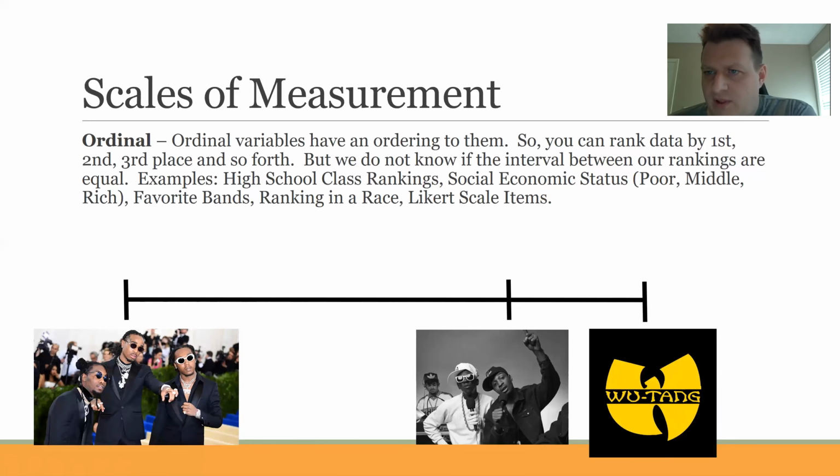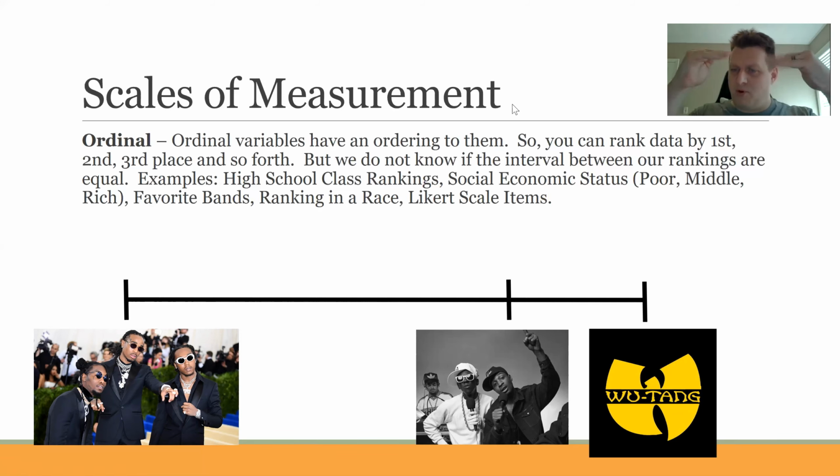All right. So let's say I were to ask you to rank the rap groups Migos, Public Enemy, and Wu-Tang Clan. Okay. And if you were to do that and you said Wu-Tang Clan was in first, because obviously, then Public Enemy, and then Migos, you don't know how close these are to one another. So perhaps if I were to rank them, I'd put Wu-Tang and Public Enemy fairly similar to one another.